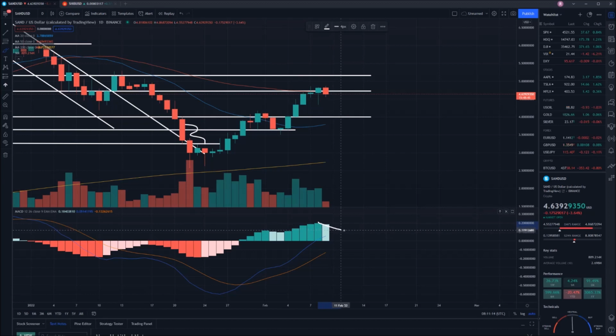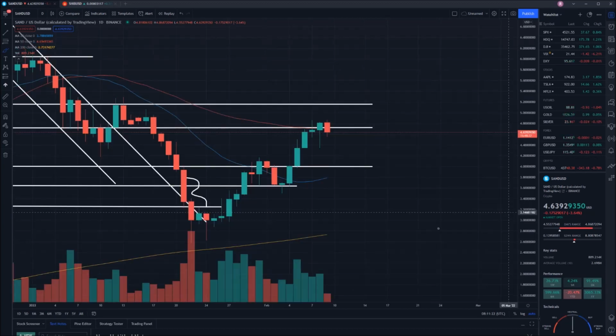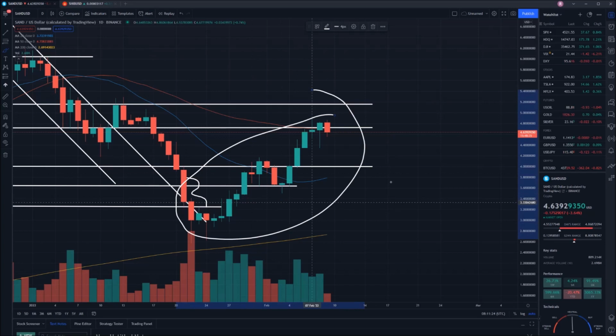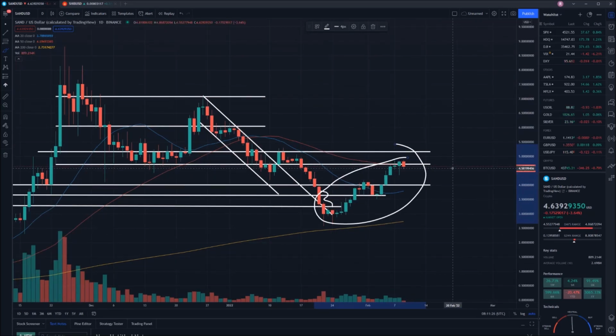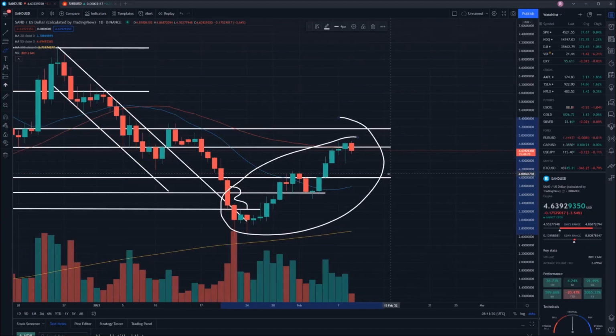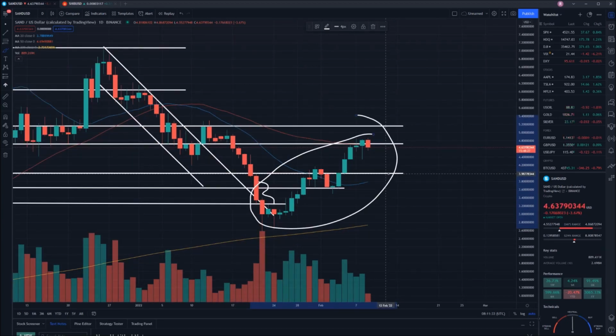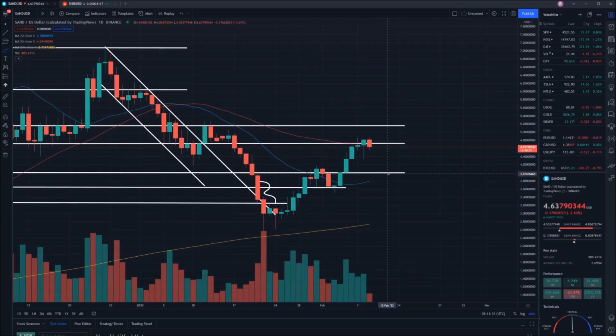We might dip down more, you never know, and then come back up again, or maybe we are in for a period of consolidation. I really don't think this is going to be determined by the price action of Sand specifically. Instead, I think the crypto market and the strength of it, and I suppose the willingness for people to start investing into crypto again, is going to be the driving factor.